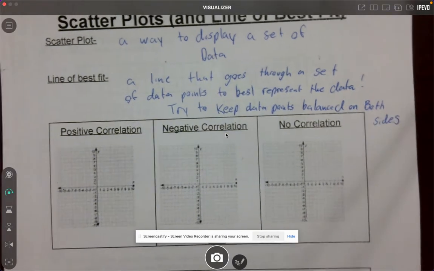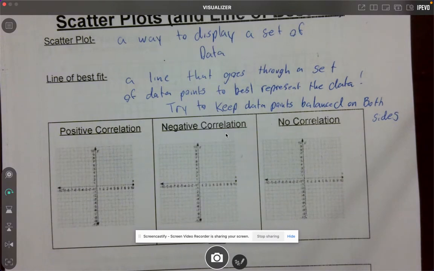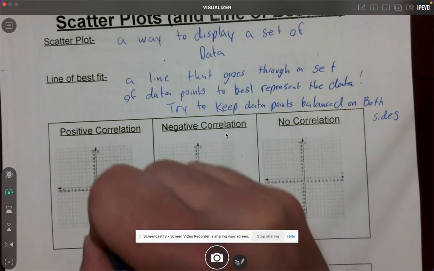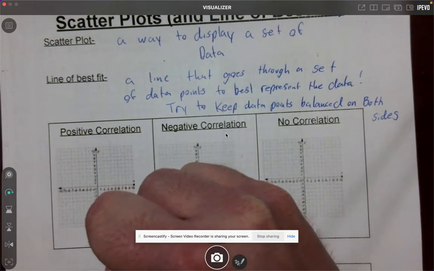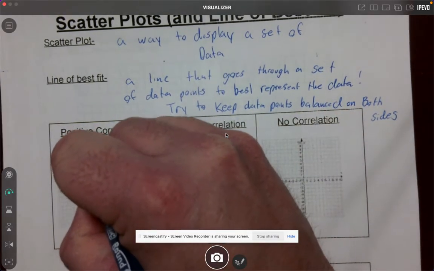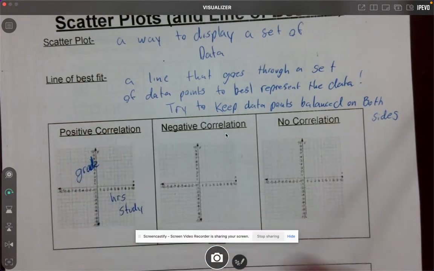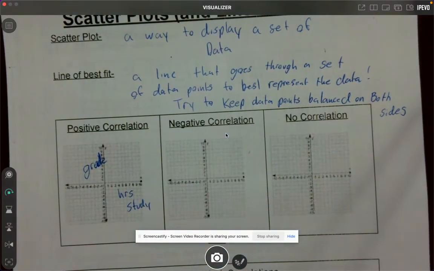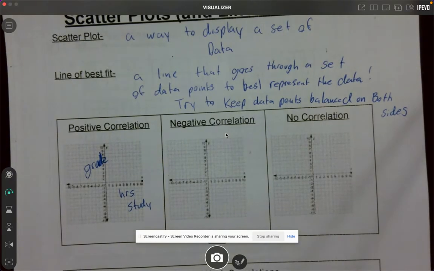All right, so let's look at some differences between positive, negative, and no correlation. I think we saw this earlier in the week in other videos, the eHow video. So positive correlation, a very classic example would be the more hours you study, and then your grade. Usually, the more you study, the more improved your grade would be.